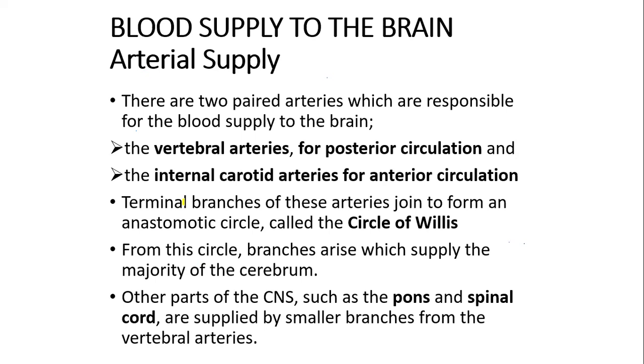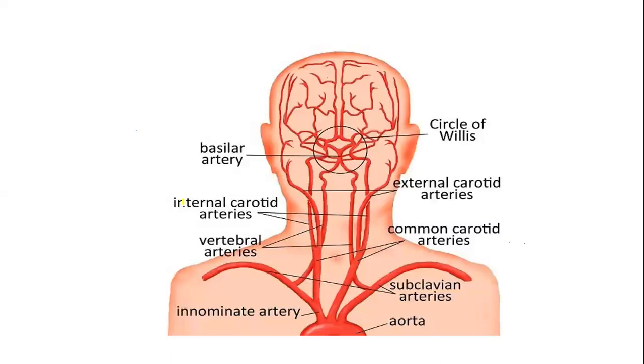Terminal branches of these arteries join to form an anastomotic circle called the circle of Willis. From this circle, branches arise which supply the majority of the cerebrum. Other parts of the CNS, such as the pons and spinal cord, are supplied by smaller branches from the vertebral arteries, which do not come from the circle of Willis. As you can see here, we have the circle of Willis, the basilar artery, and the internal carotid arteries.